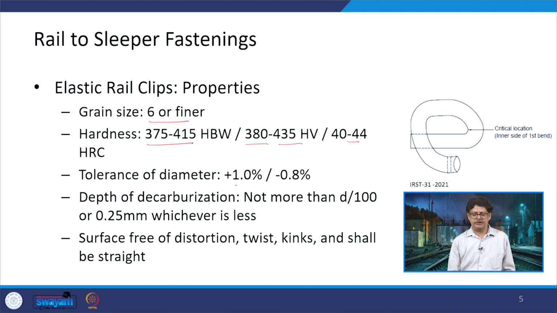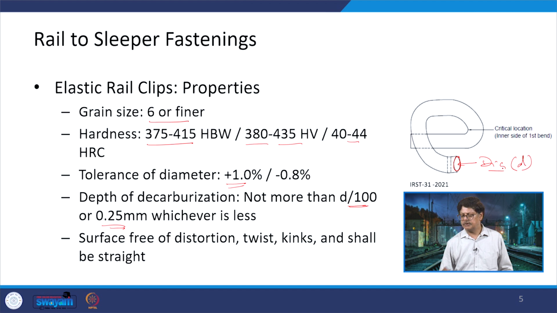The tolerance for the diameter is plus 1% and minus 0.8%. This is the diameter we are talking about. Depth of decarbonization should be not more than d by 100 or 0.25 mm, whichever is less, where d is the diameter.